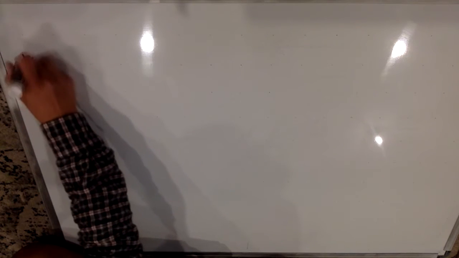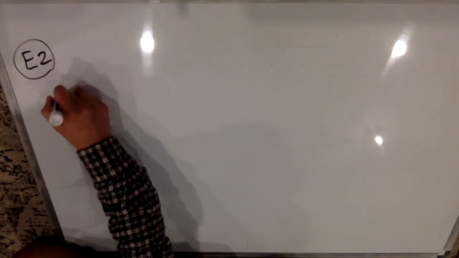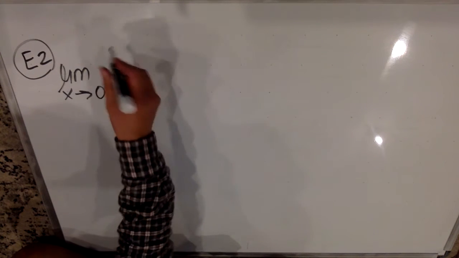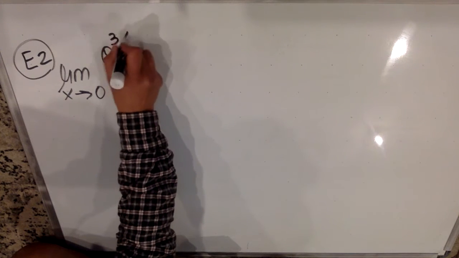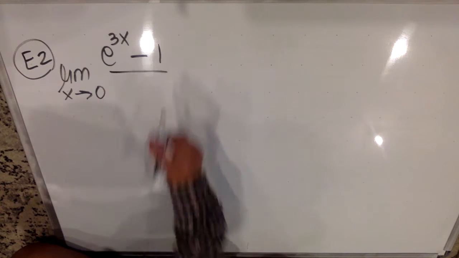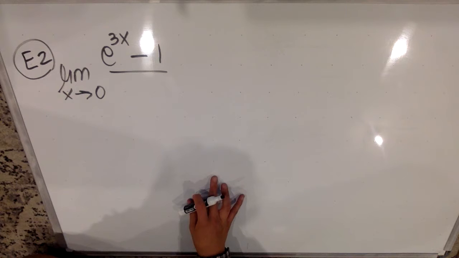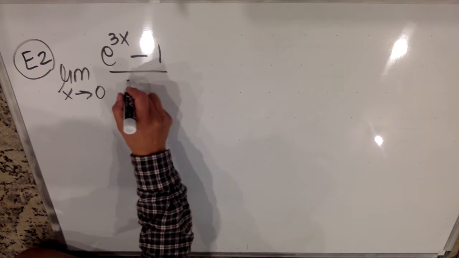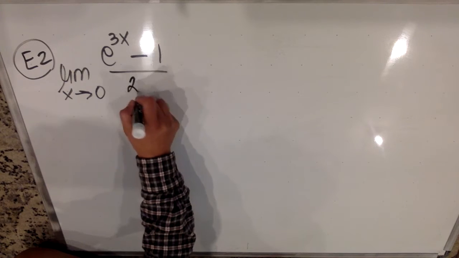Cool. So let's do another one. So for our example 2, rather, my bad. Let's do the limit as x approaches 0 of e to the 3x minus 1 over 2x, okay?